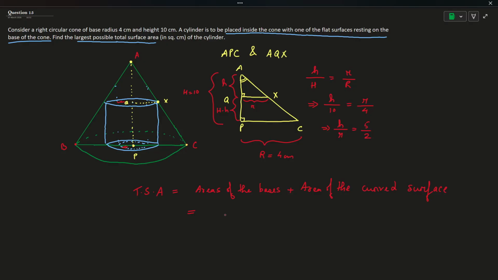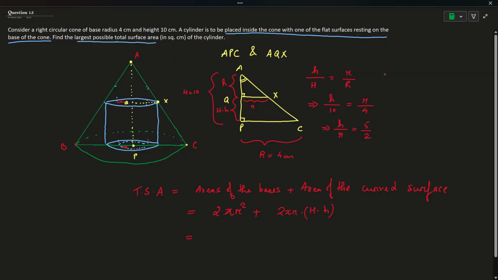What is area of bases? Pi r square, because circular bases. There are two bases, so 2 pi r square plus area of the curved surface. Area of the curved surface is given by 2 pi r, circumference of the base, multiplied by the height of the cylinder. What is the height of the cylinder? Capital H minus small h, correct?